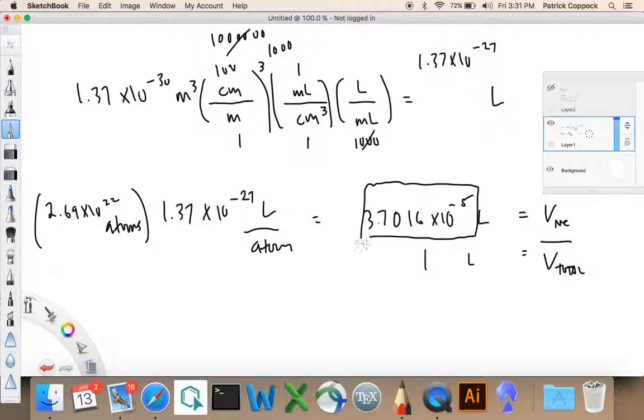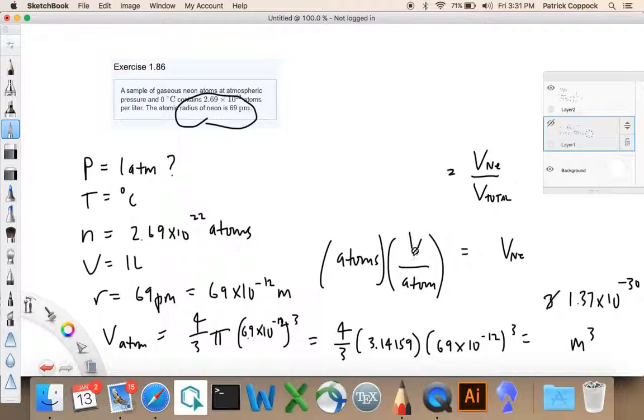Now let's go back and do sig figs. Actually, I'm a little bit worn out here. I'm going to give you guys the chance to do sig figs on your own. I know we had 2.69, that was the one measurement, with 3 sig figs. Then 69 picometers has 2 sig figs.